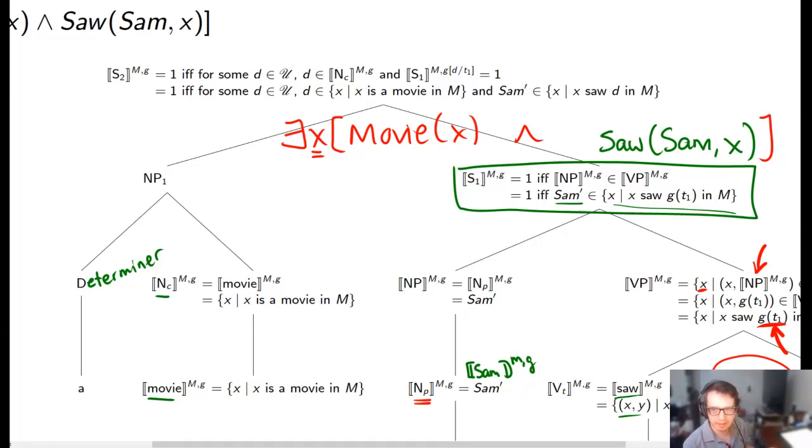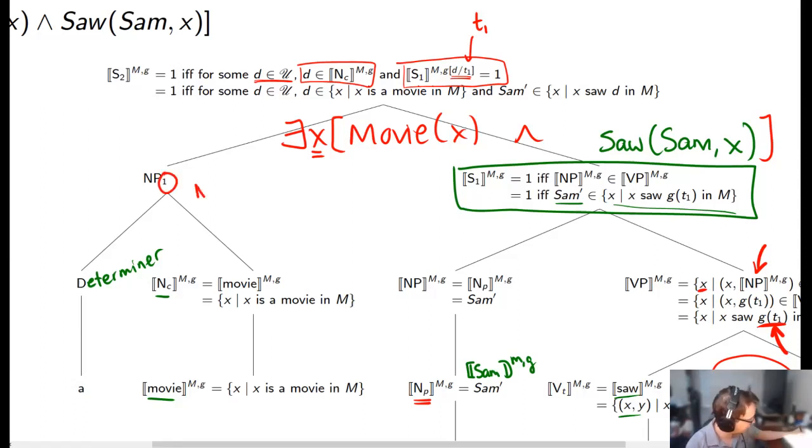So now we're going to say it's true if for some D in our universe, so this is where the existential's coming in, D is in our common noun, and the remainder of the sentence that we did before is true with some binding. So T1 here is being bound, and we know that T1 is being bound by checking to see which noun phrase we're connecting.